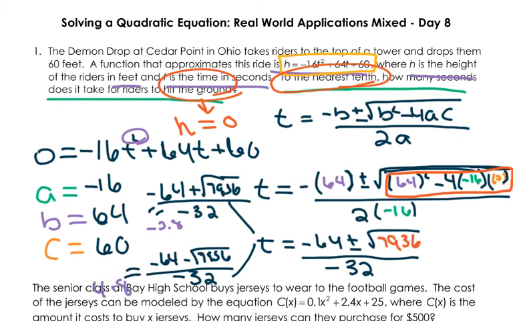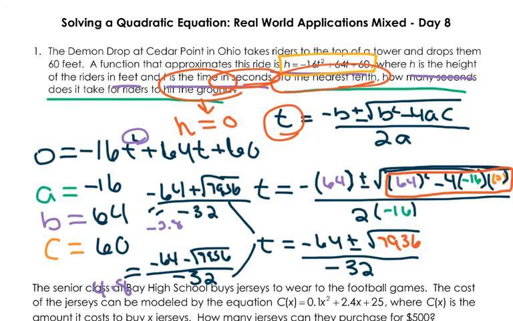And here, I would end up with 4.8. Now, remember, we're finding t, and we know that t represents the time in seconds. So can we have negative 0.8 seconds? Does that make sense here?